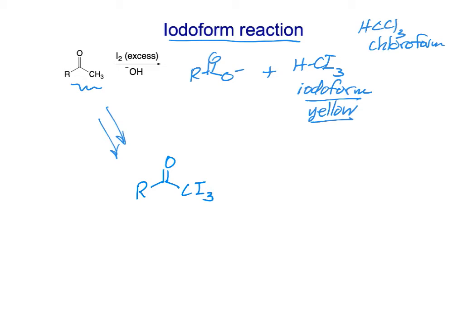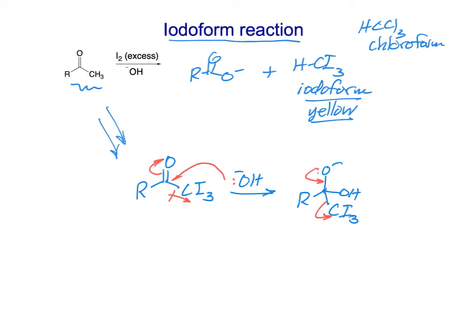Because this group is electron withdrawing, that activates the carbonyl carbon. And so in the next step, the hydroxide, because it doesn't have a proton there to remove, acts as a nucleophile and attacks the carbonyl carbon. This leads to the formation of a tetrahedral intermediate, and the CI3 group becomes a leaving group.